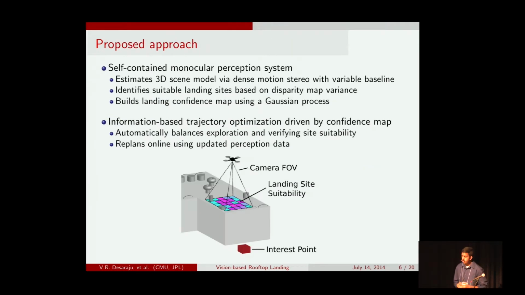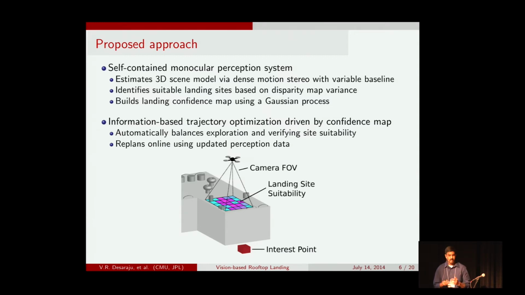So in this work, we've proposed an integrated perception and planning system to address these two sets of challenges. The first component is a self-contained monocular perception system. We first estimate a 3D model of the environment using a dense motion stereo approach with a variable baseline.